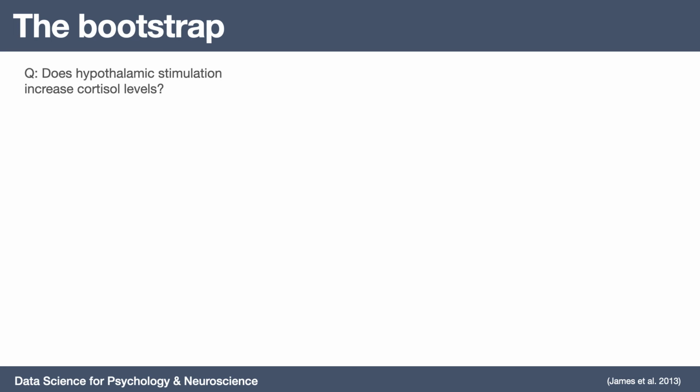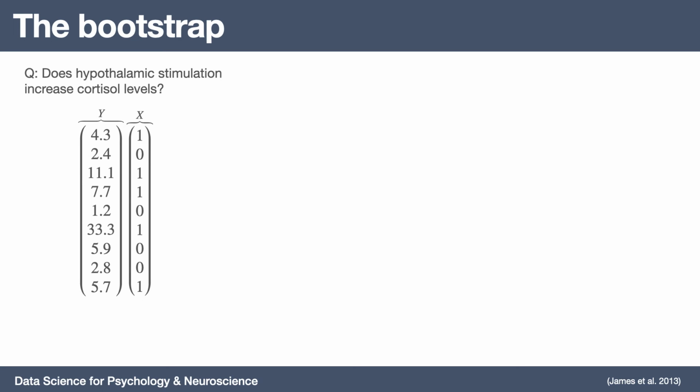So let's stick with another hypothetical example just to see the logic of bootstrapping. Let's say, does hypothalamic stimulation increase cortisol levels? You have an electrode in the hypothalamus of an animal. You are recording circulating cortisol levels in the bloodstream, and you want to just see every time I stimulate, what's the evoked cortisol level in the bloodstream. So you get a data table that looks like this.